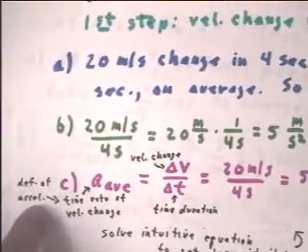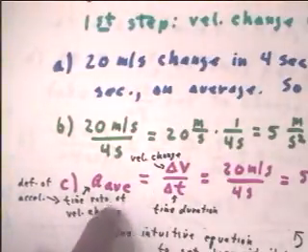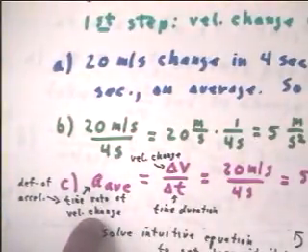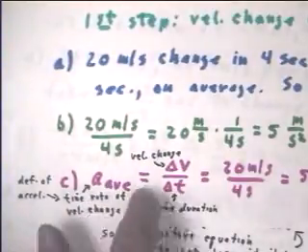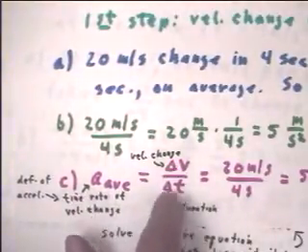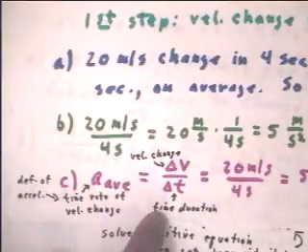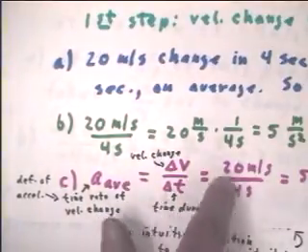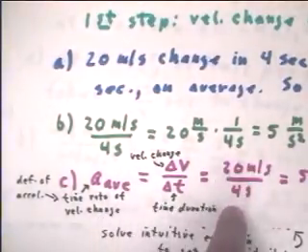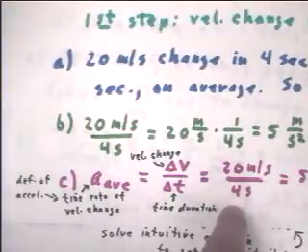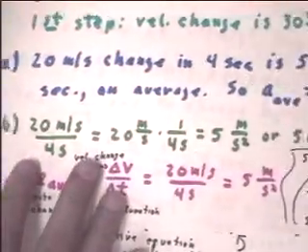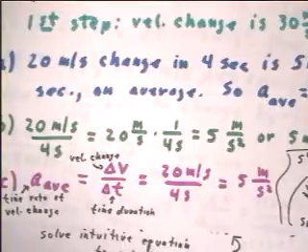Okay? The definition of acceleration is time rate of velocity change. And to get the time rate of change of a quantity, you divide the change in that quantity by the time duration. So velocity change over time duration, in this case, is the 20 meter per second velocity change divided by the 4 second time duration, which is a 5 meter per second squared rate.